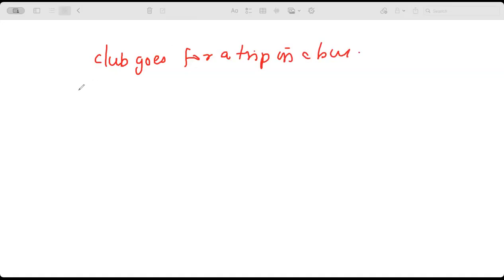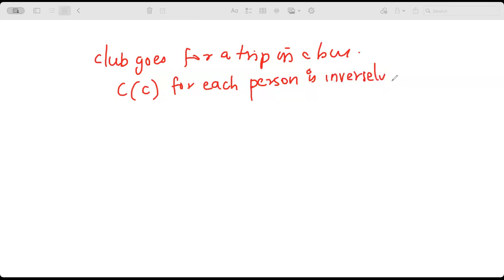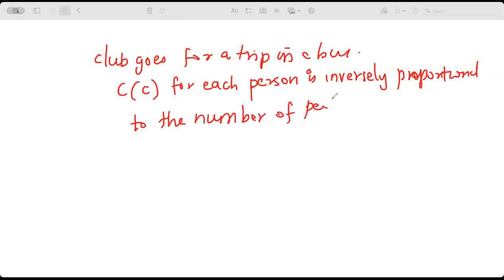The cost that each person pays to cover the cost of the bus, the cost for each person, is inversely proportional to the number of people who go on the trip. I'll call them P.